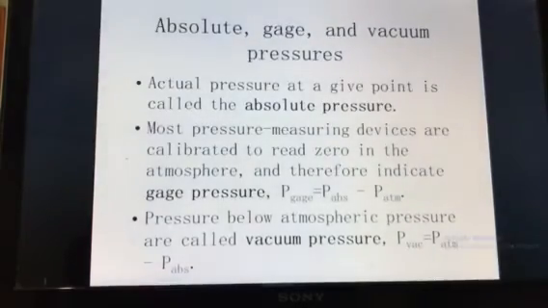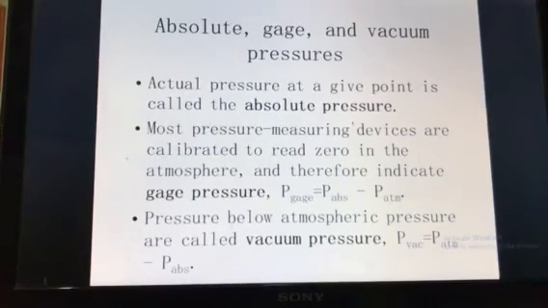Absolute pressure is the actual pressure at a given point. Absolute means the actual pressure. Gauge pressure is the pressure above atmospheric pressure. Most pressure measuring devices are calibrated to read zero in the atmosphere, because we consider atmospheric pressure to read zero, and therefore they indicate the gauge pressure.